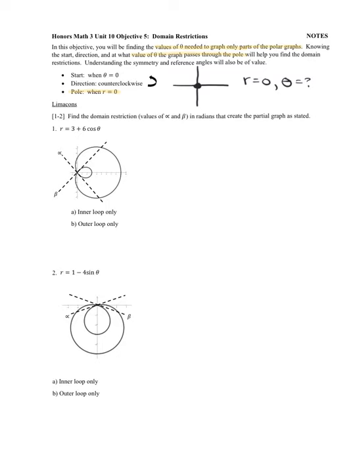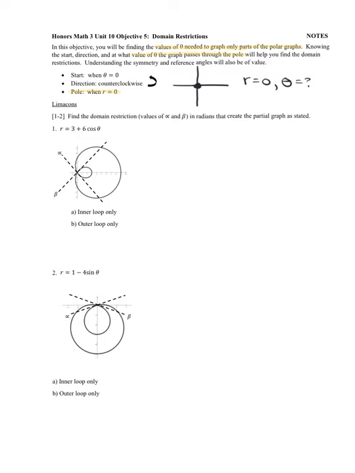So the only thing we know for certain is that r has to be equal to 0 when it passes through the pole. And so that is mostly what we're going to be doing, solving equations for where the radius is equal to 0, and then understanding ideas of symmetry and reference angles to help us find that other value or values. Okay? All right, so let's go ahead and take a look at question number 1.